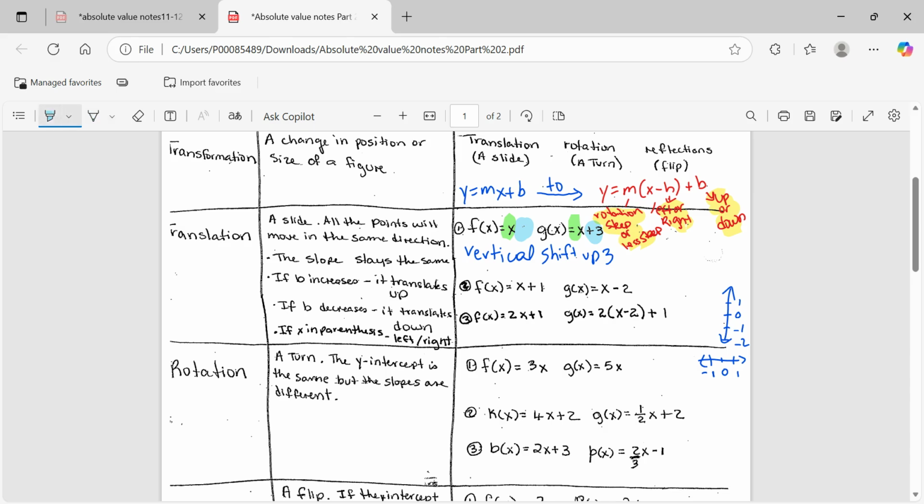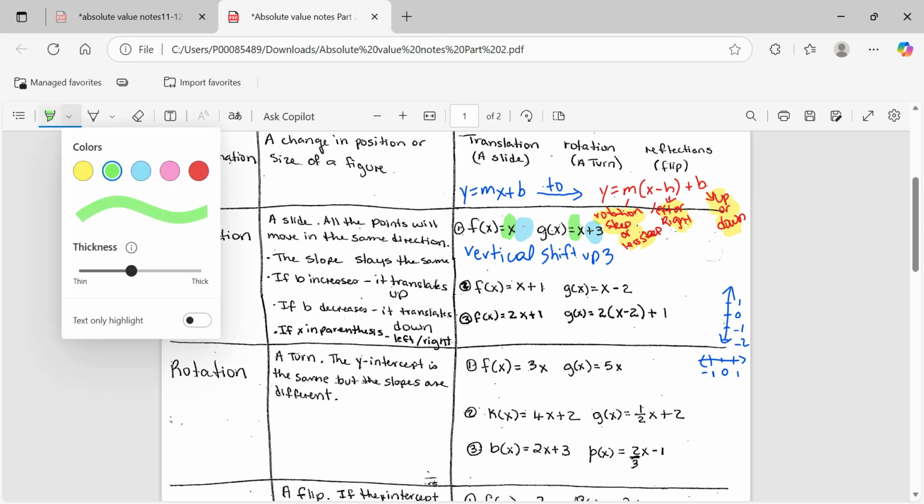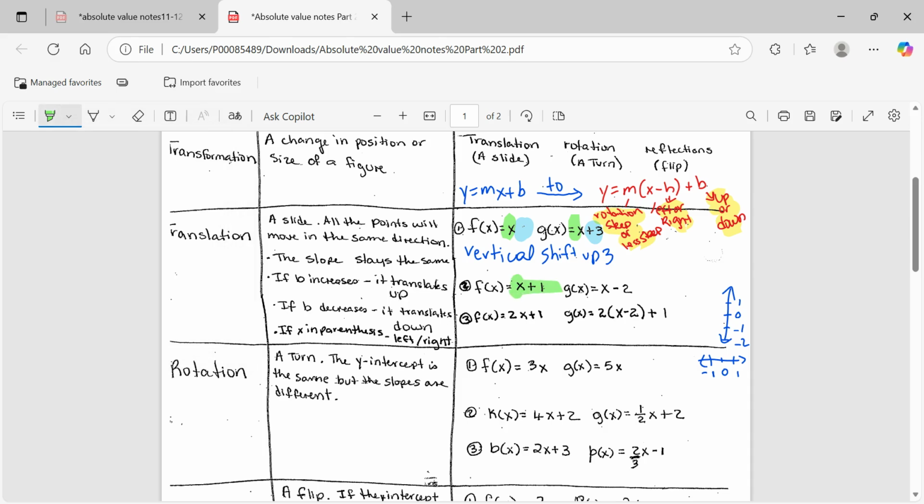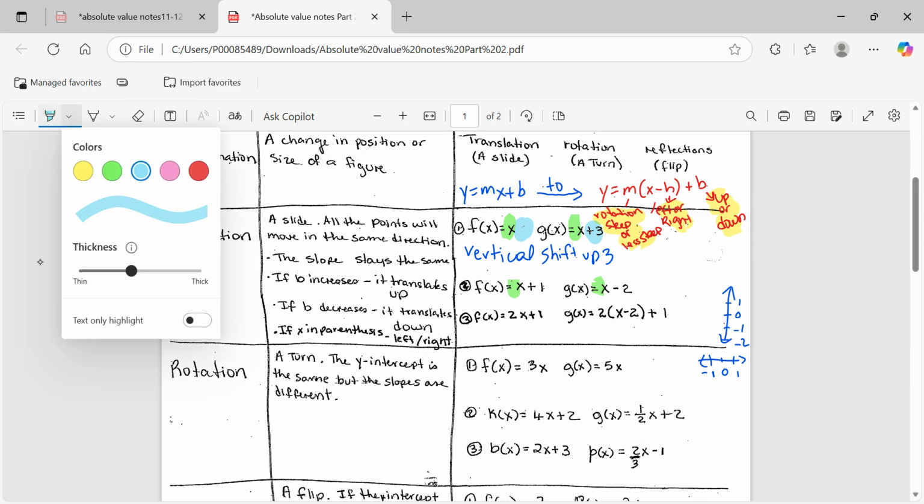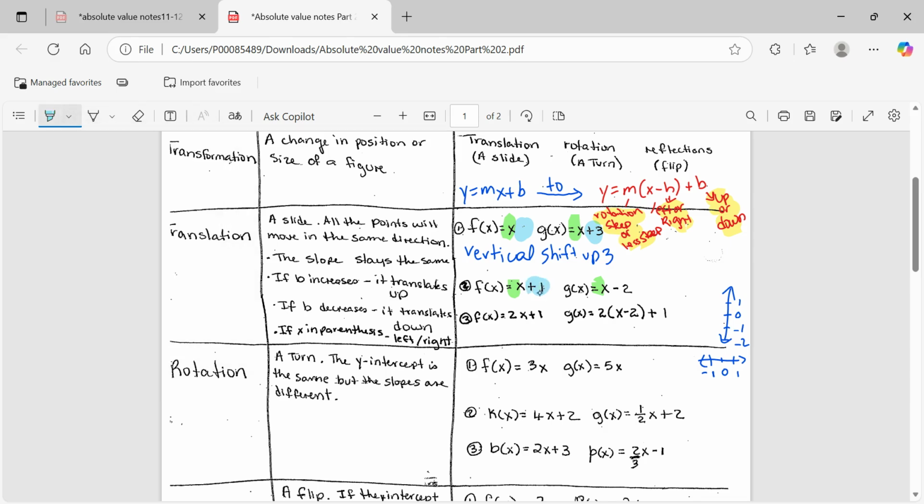Let's look at number 2. I look in the front. There is no change on the slope. The slope is both 1. I don't see a parenthesis, so nothing is going on there. And then I look on the outskirts, and I see there is a change in the last number on the edge, which is the y-intercept.